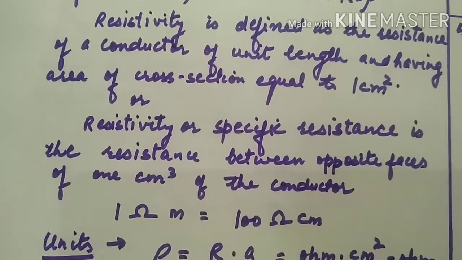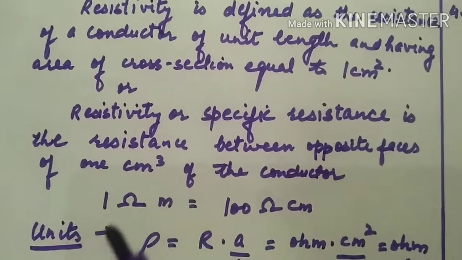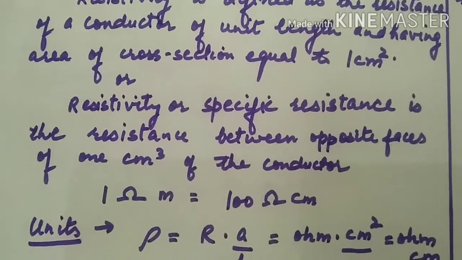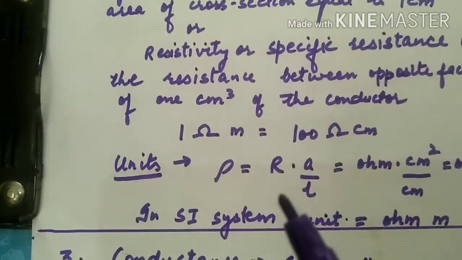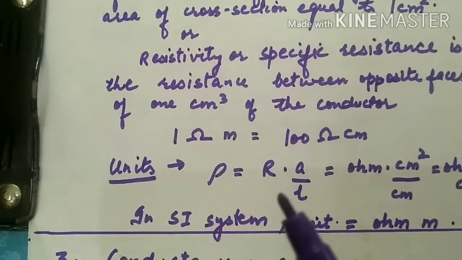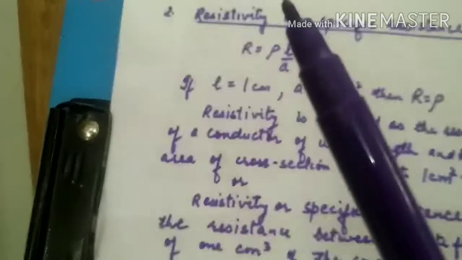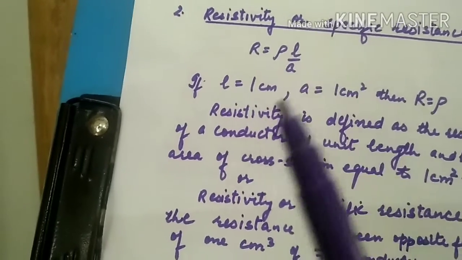Now in SI units, the units for resistivity will be 1 ohm meter, and 1 ohm meter is equal to 100 ohm centimeter. So units of resistivity will be, because rho is R into A upon L, rho is R, A को ऊपर ले गए, R into A और L नीचे आ गया.